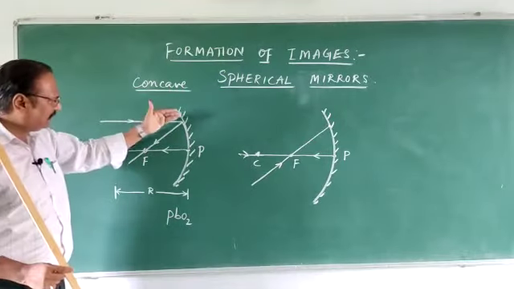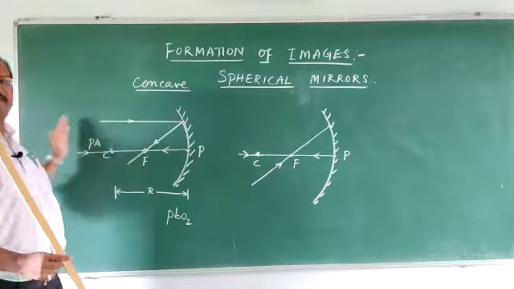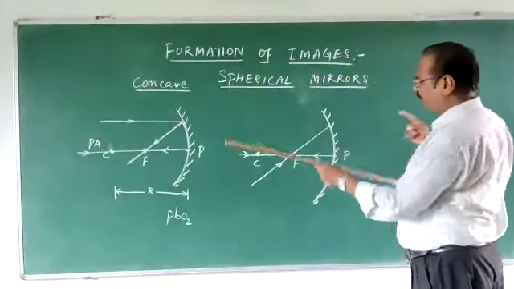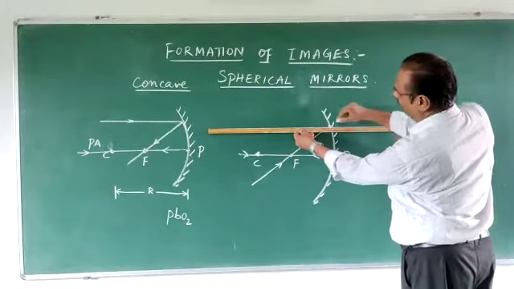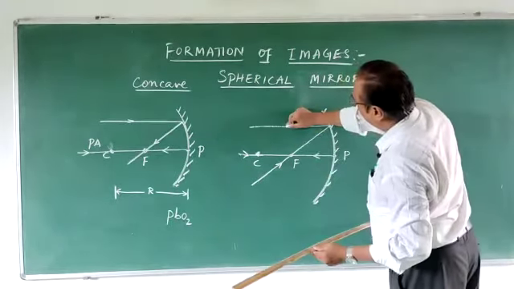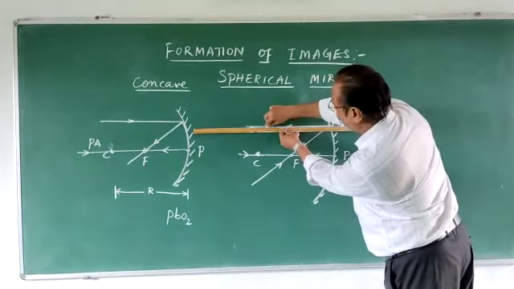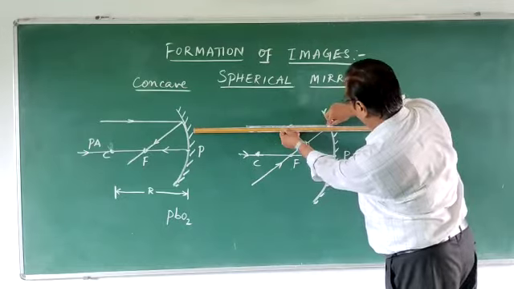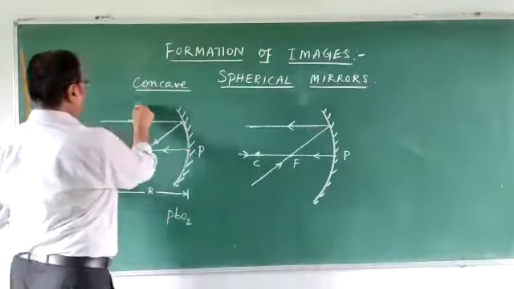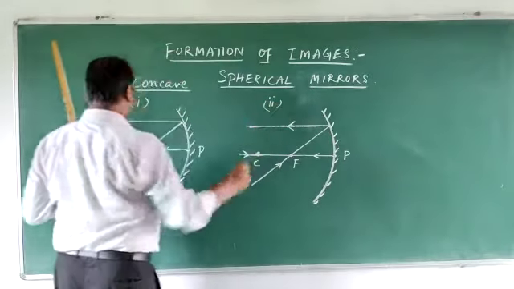If a parallel ray passes through the focus, then a ray passing through the focus will become parallel. So, the ray which is passing through the focus will naturally become parallel to the principal axis, right? So, this is the second ray. This is the first ray which I am going to use, and this is the second ray which I am going to use.